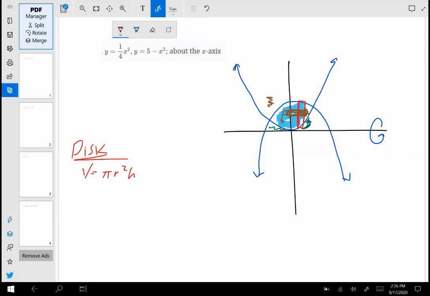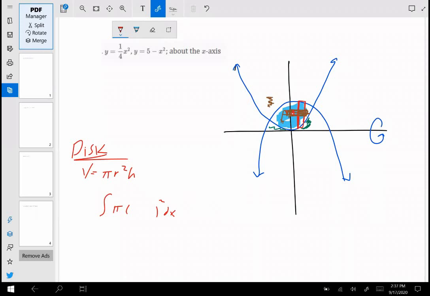In this case, h is just the dx, right? Okay. So we're going to have the integral of pi, and whatever the radius is, squared. And let's see, that was the dx.